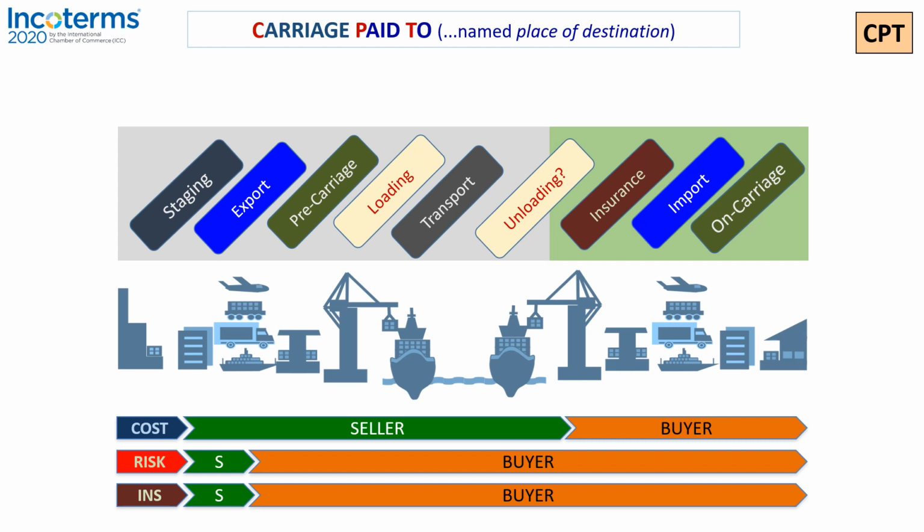So that is where there can be a variation. It's not 100% defined or sacrosanct that it has to be done by the seller or the buyer. So again, this is applicable for all modes of transport.